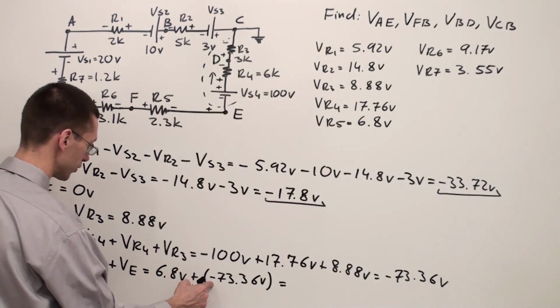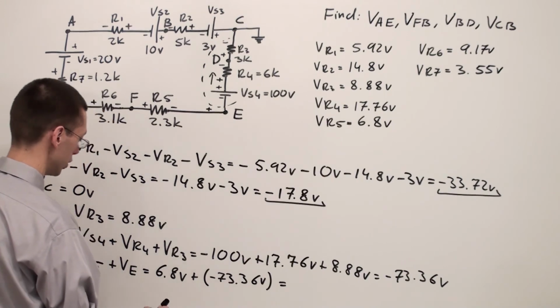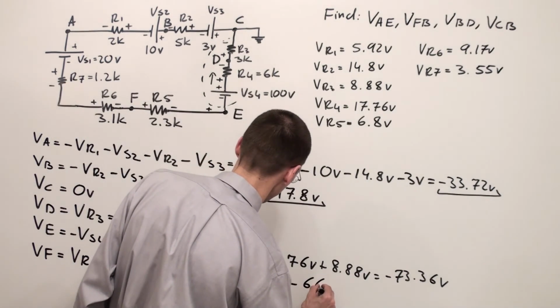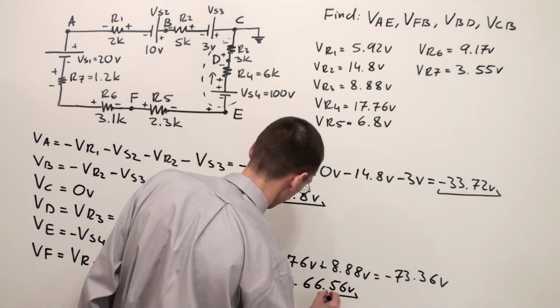Positive times negative gives me negative. So I have 6.8 minus 73.36. VF is equal to minus 66.56 volts.